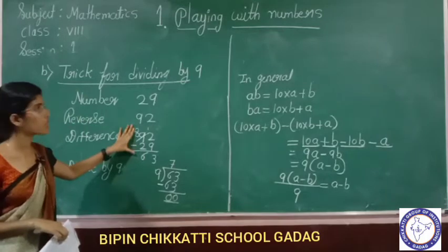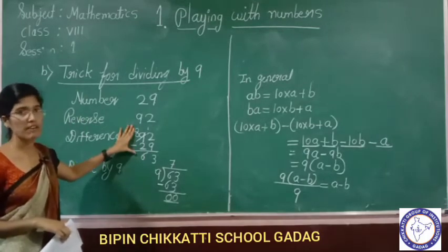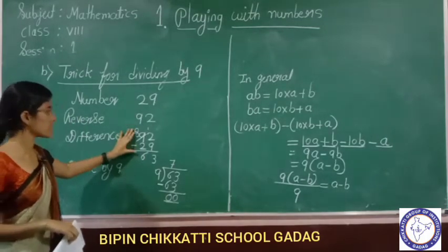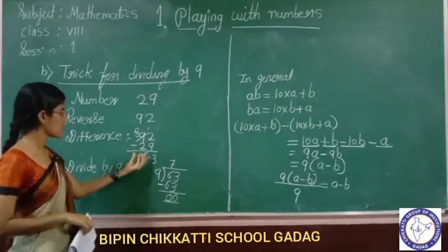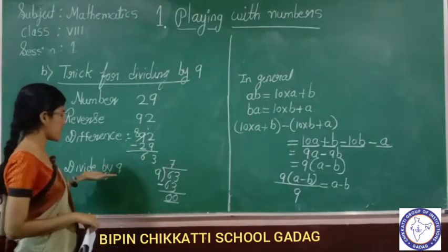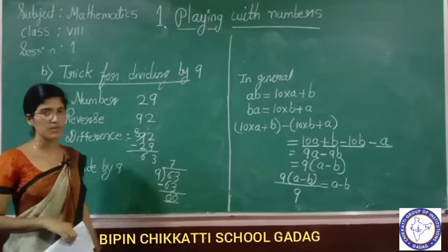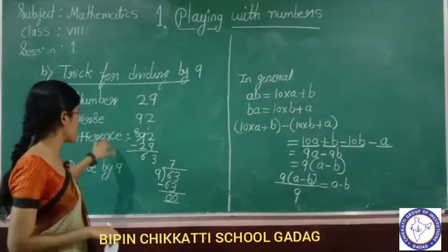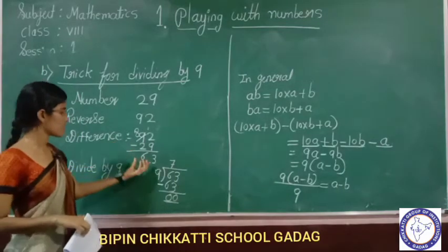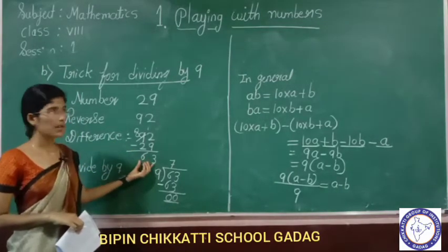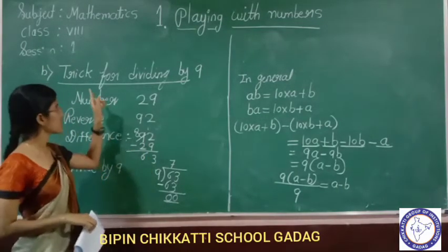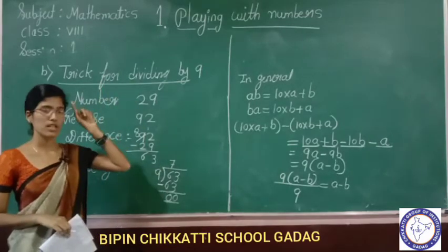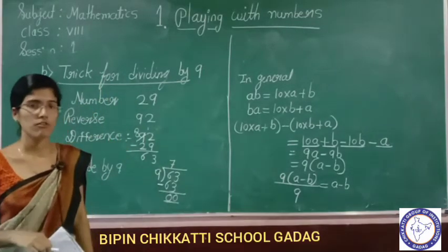In the trick for dividing by 11, we are adding, but here we have to do subtraction. After subtraction, divide by 9, the remainder will be 0. If somebody asks you what is the trick behind this, whenever we do the difference, the answer will come in a multiple of 9. In the trick for dividing by 11, the answer will come in multiples of 11. Okay?